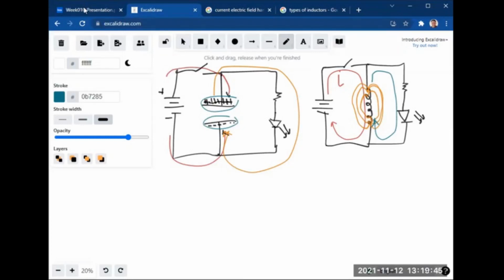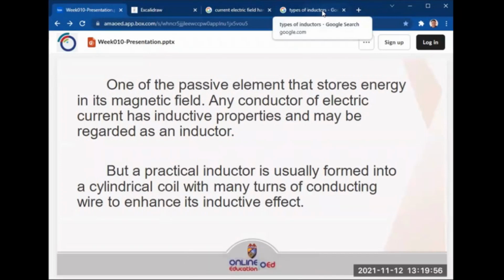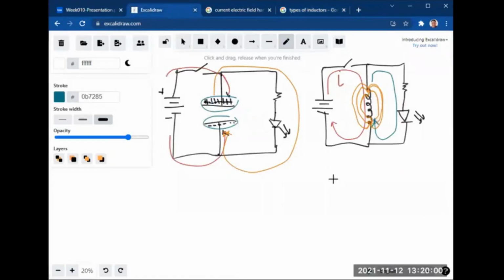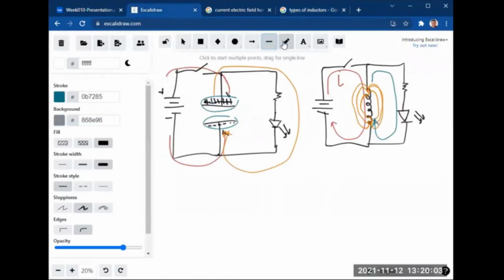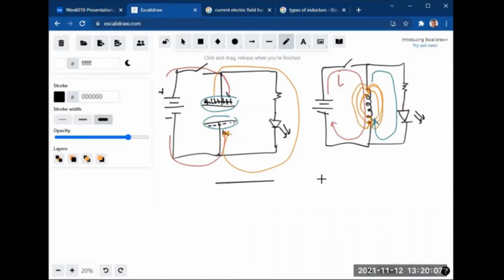Let's proceed. A practical inductor is usually formed into a cylindrical coil. Any type of conducting material can be an inductor, but for the magnetic field to be effective, it is usually made by, for example, this is a simple wire.